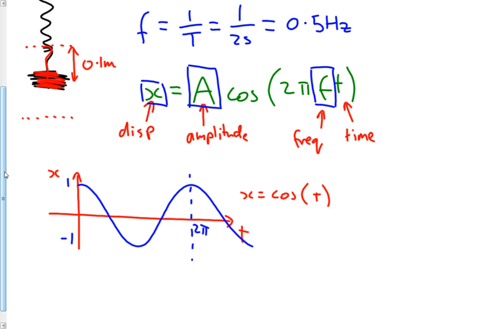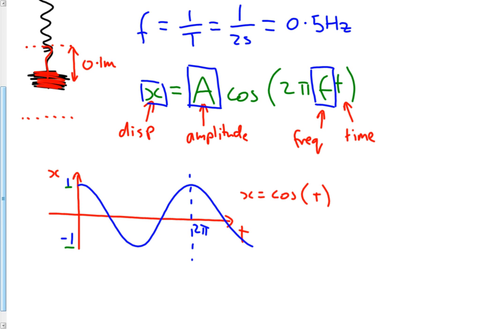But this isn't our situation here, because firstly, it doesn't oscillate between 1 and -1. It oscillates between 0.1 and -0.1.